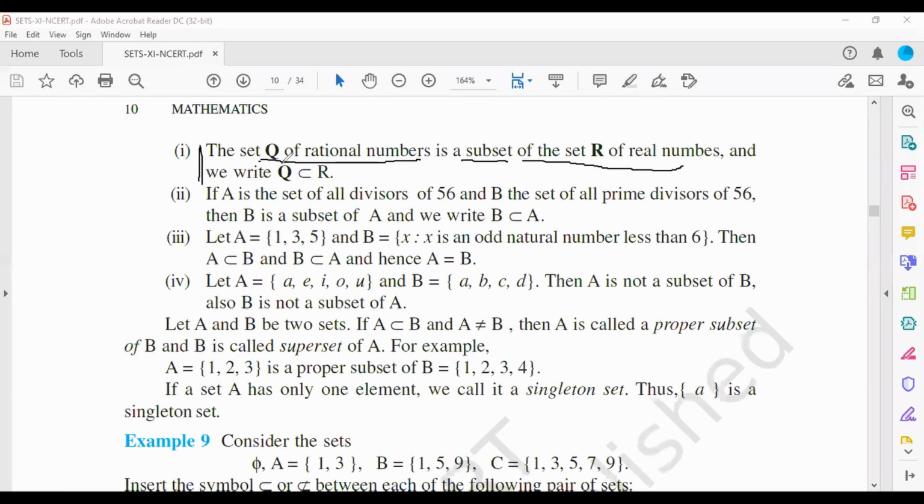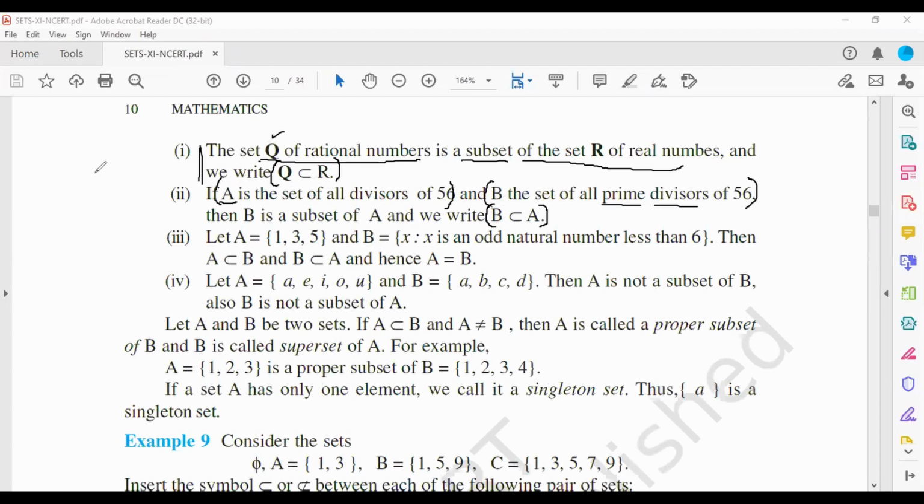So you can write Q is a subset of R, where Q is the symbol for the rational number set and uppercase R is the symbol for the real number set. Then if A is the set of all the divisors of 56 and B is the set of all prime divisors of 56, then you can write B is a subset of A.